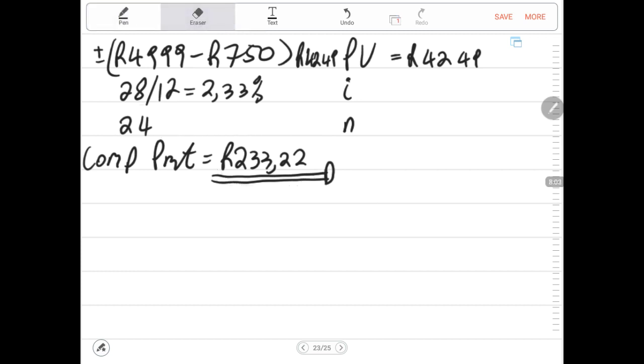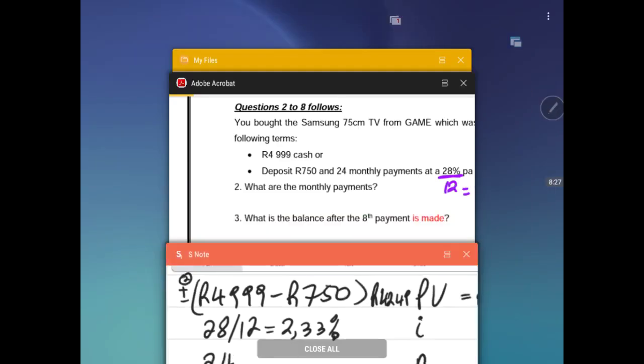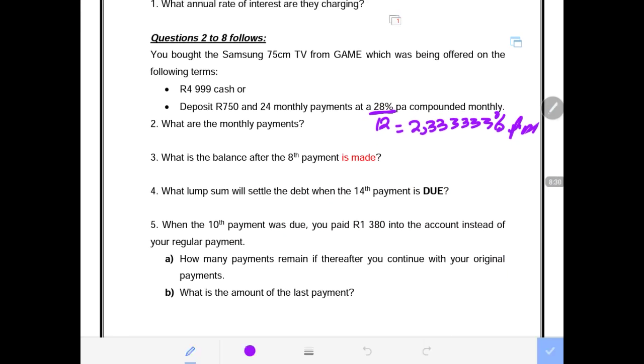Hence I said don't clear your calculator, because when we deal with the amount function, you'd have to recalculate what you calculated previously. Now this is number 2 that we have just completed. Then we go to question number 3, which says, what is the balance after the 8th payment is made?